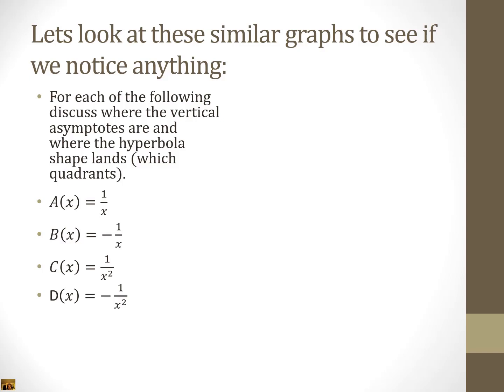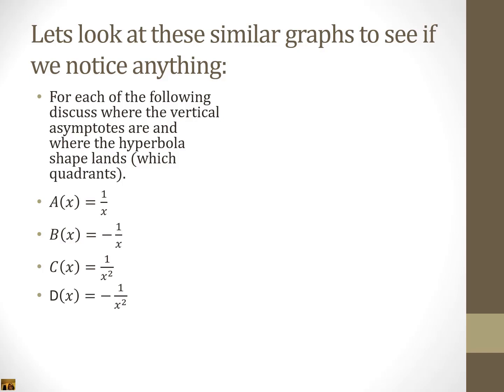Now that you've had a chance to do that, let's go ahead and take a look at the graphs. The first graph that you have for a of x is 1 over x. If you'll remember, a couple weeks ago we talked about 1 over x as being the reciprocal function, and that function had a graph that I called a hyperbola.